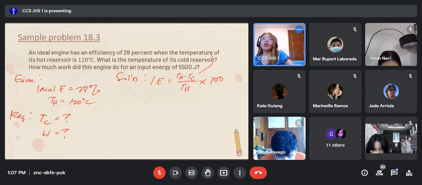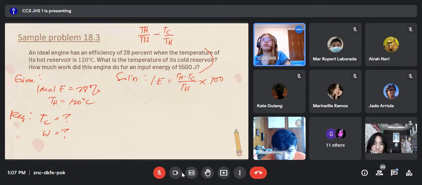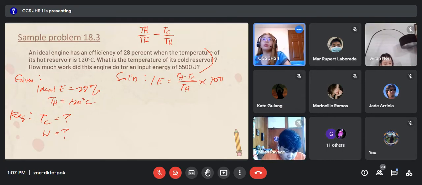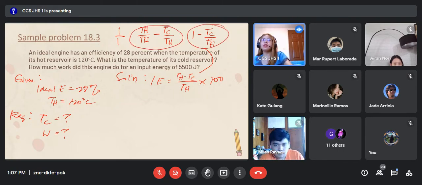By the way, TH minus TC divided by TH, we can rewrite that as TH over TH minus TC over TH. TH over TH is 1. So it is 1 minus TC over TH. They are the same, but in this problem we will use this one to make it easier. So, ideal efficiency is equal to 1 minus TC divided by TH times 100.